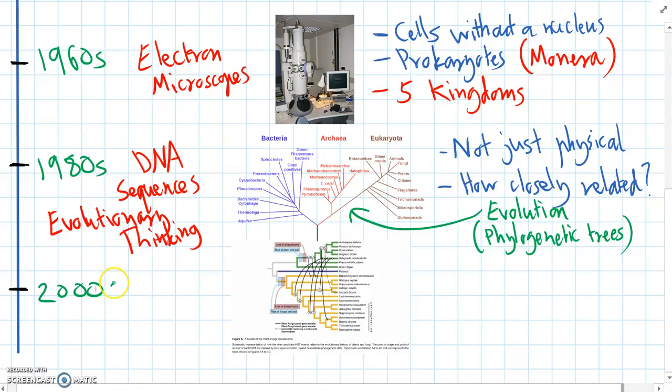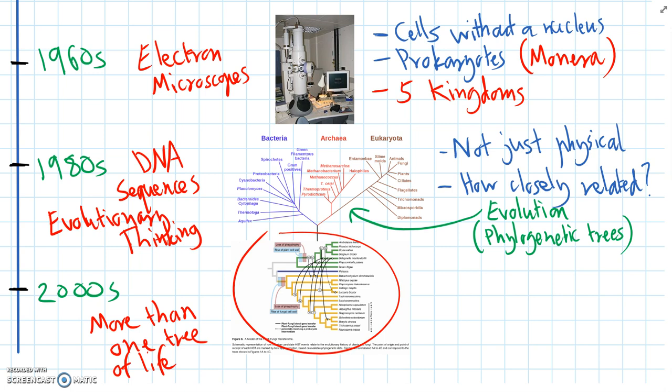And then recently, there's been an even further shift in thinking with scientists, because we're starting to see that there's more than one single tree of life. And the tree of life is just a big phylogenetic tree, or a big dichotomous key, like we can see here.